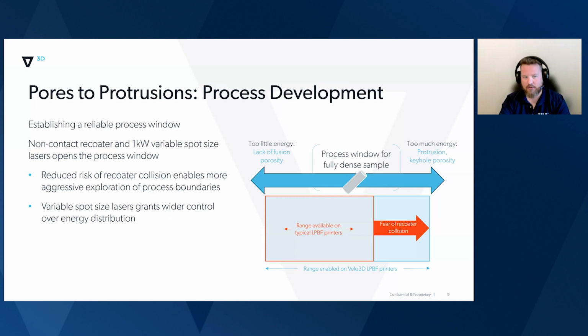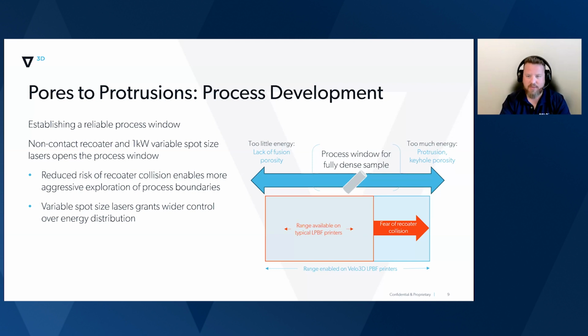So from a real high level, what are we really trying to enable here? Process development is based on finding a process window and parking your process in an optimal space. And we're trying to enable users and developers to have a tool that does that a little bit better. Traditional laser powder bed fusion printers with a traditional recoater are plagued by protrusions, and that threshold is encountered much quicker than on a Sapphire technology machine that's utilizing a non-contact recoater.